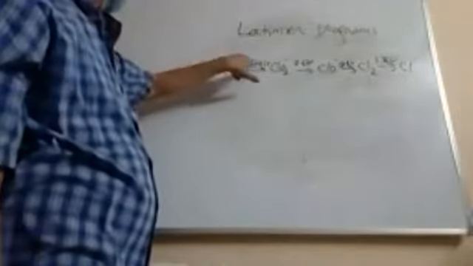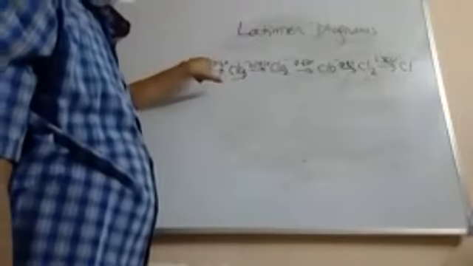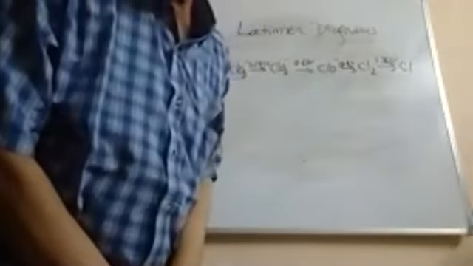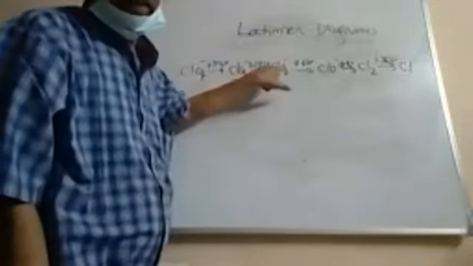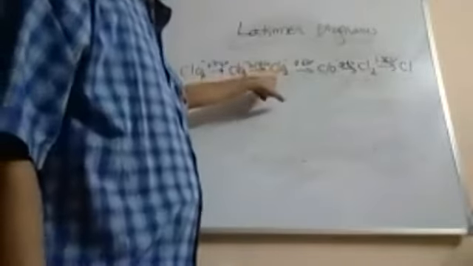If you look at ClO3 minus, the right-hand side potential is 0.29 and left-hand side is 0.37. What this tells you is this species is stable. Now, moving on to ClO2 minus, suddenly we find the right-hand side potential is 0.68 and the left-hand side is 0.29. That clearly tells you that that species, ClO2 minus, is not stable against disproportionation. In other words, if you have ClO2 minus, it will instantaneously break down to ClO minus and ClO3 minus.